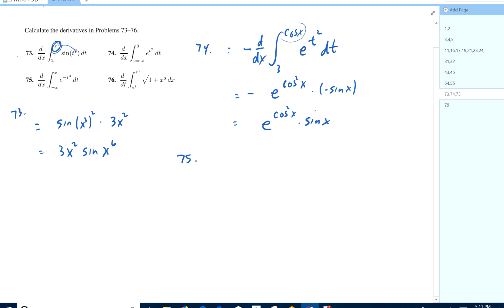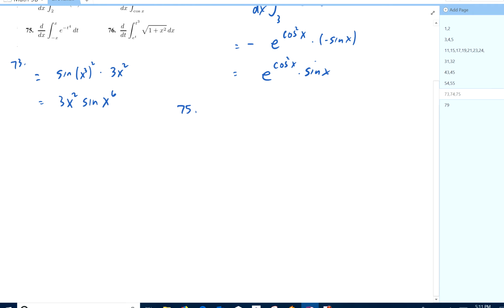Okay, 75. I'm going to write this as the derivative of... I've got to have a constant if I'm going to take the derivative from a constant to my variable, but notice 0 is between negative x and x, so I can rewrite this as the integral from negative x to 0 of e to the negative t to the 4th dt, plus the integral from 0 to x of e to the negative t to the fourth dt.